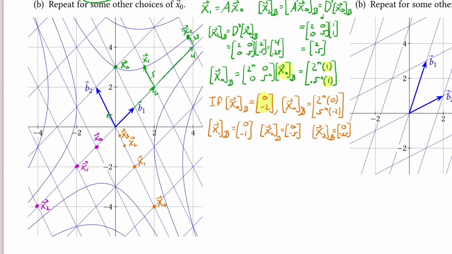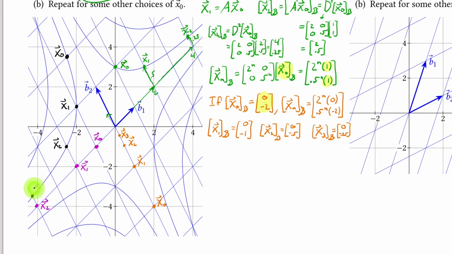Turns out if you start over here as your x0, the B2 coordinate is going to get smaller by half. The B1 coordinate will get bigger by double. And you end up moving out along this hyperbola-like curve. Maybe you can imagine if you started on this curve, you would keep going this way, and so on.